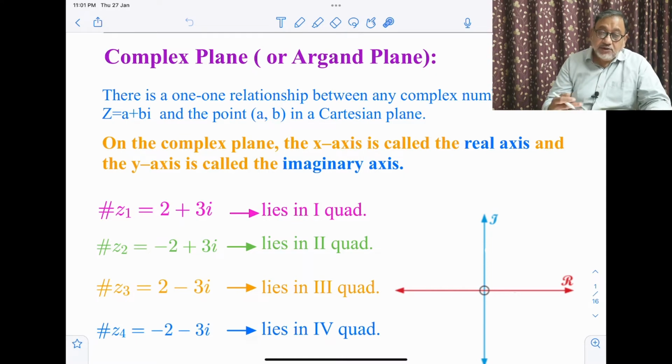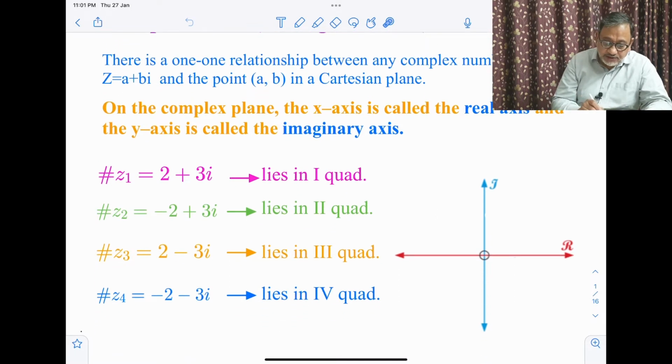Now, how to represent a complex number on the complex plane? Look at this first example: Z1 is equal to 2 plus 3i. This lies in the first quadrant. Why? Because it has a one-to-one relation with the point 2 comma 3.